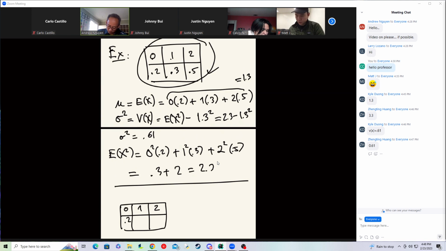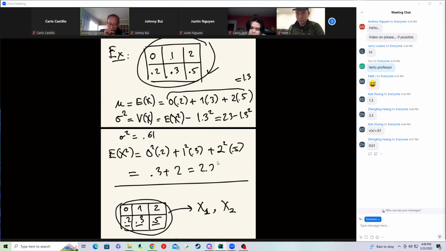Whenever I randomly select a number from this population, I either get 0 or 1 or 2 with respective probabilities. 20% of the time I'm going to get 0, 30% of the time I get 1, and 50% I'm going to get 2. Imagine that I'm going to get 2 numbers from here.